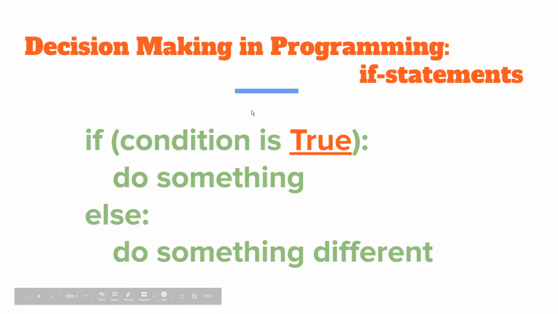Now, if it returns false or anything but true, essentially, then it will go to the else, and it will do whatever you tell it to do if the condition is not met. So this is our introduction to if statements, and this is how they would look. And this is basically the syntax as you see in Python.